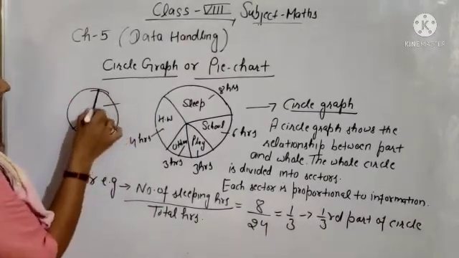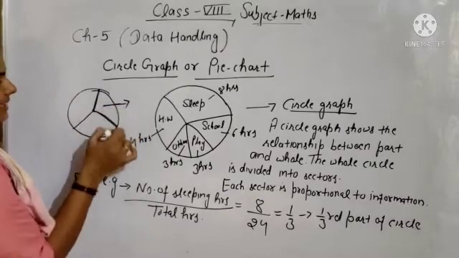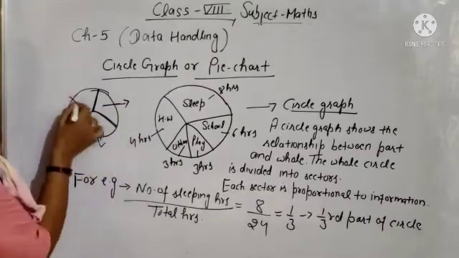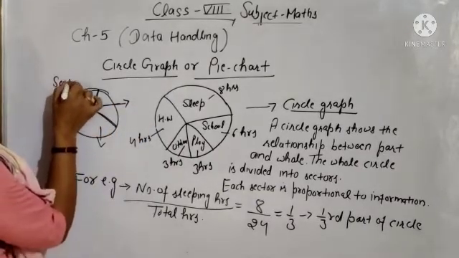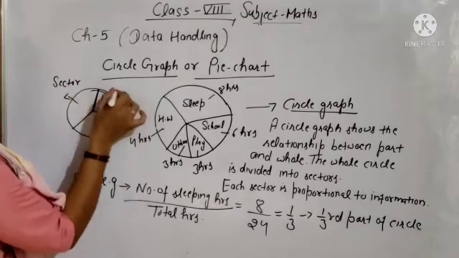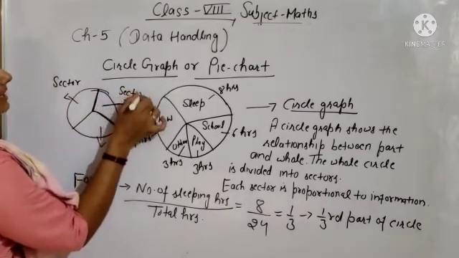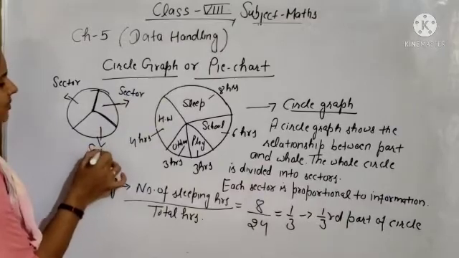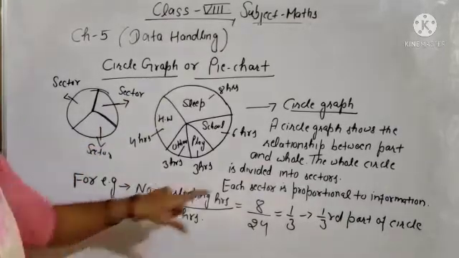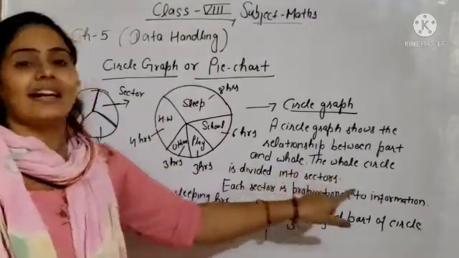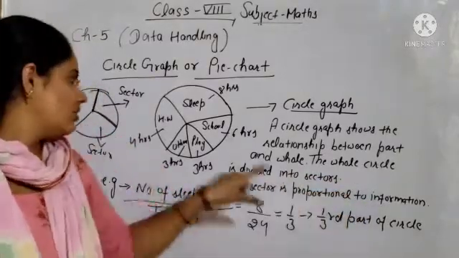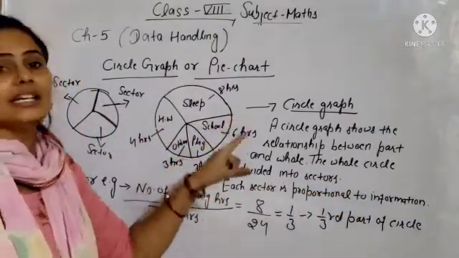For example, this one part is a sector, this one is also a sector, this one is also a sector. So the whole circle is divided into sectors.